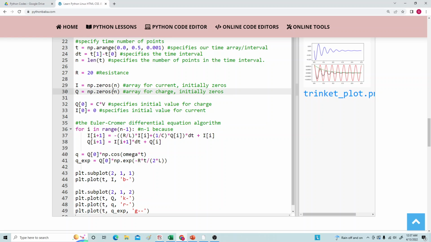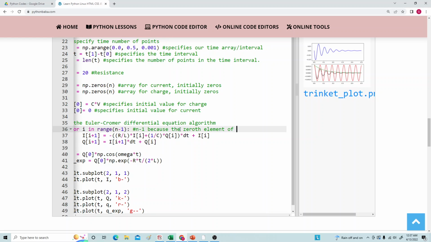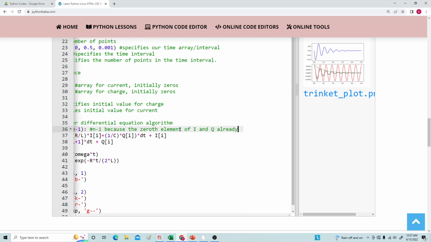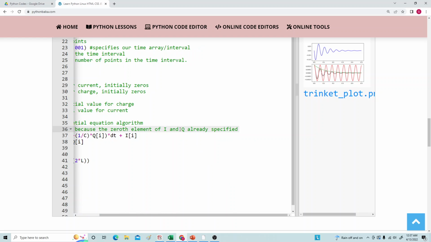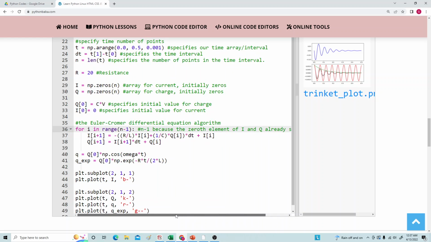And then the first element is specified with these initial conditions, and then I only need to do the loop one less time, or n-1 times. So n-1 because the 0th element of I and Q is already specified. That's why we have the n-1. I have 501 elements. One of those is already specified, so I need to do it 500 more times.